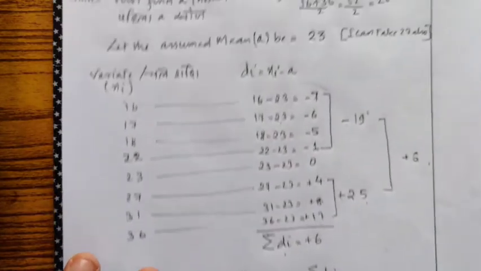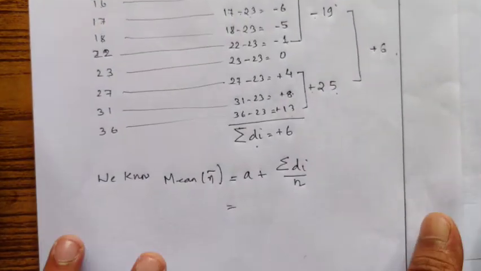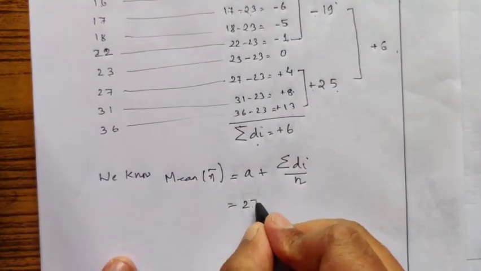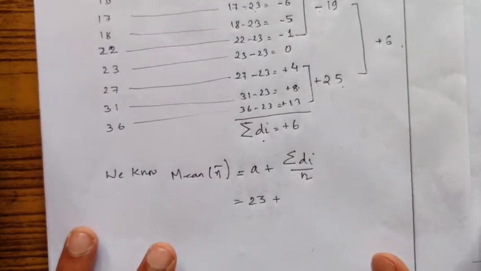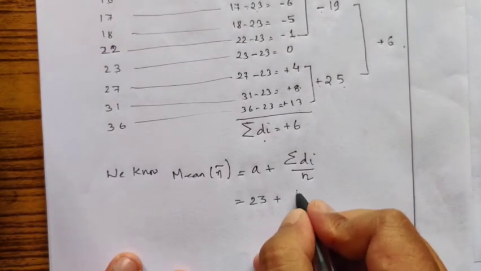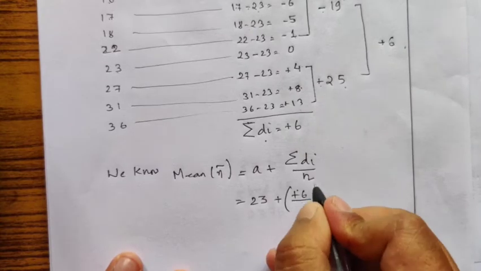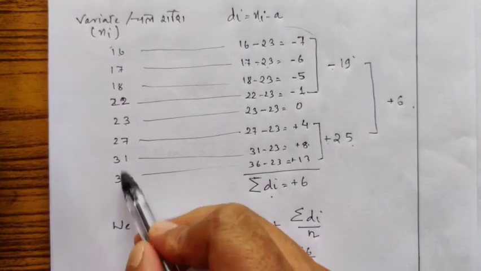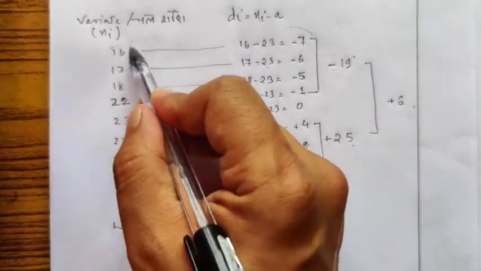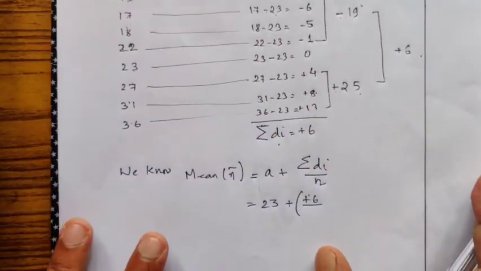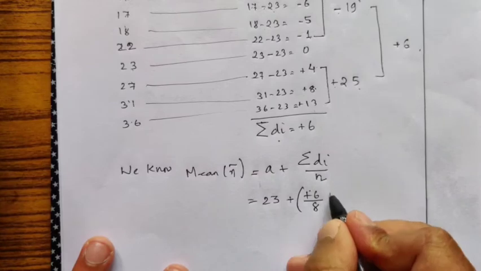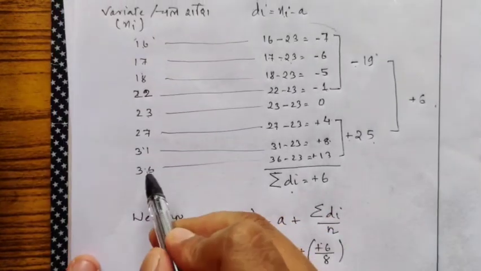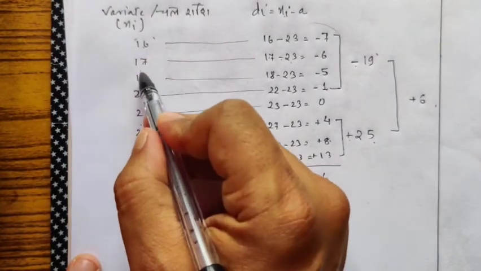We all know, 23. I hope you are able to see everything in the camera. Summation di, just now we've got plus 6, by n, the number of observations. How many observations, guys? 1, 2, 3, 4, 5, 6, 7, 8 observations. Let me count one more time. 1, 2, 3, 4, 5, 6, 7, 8.